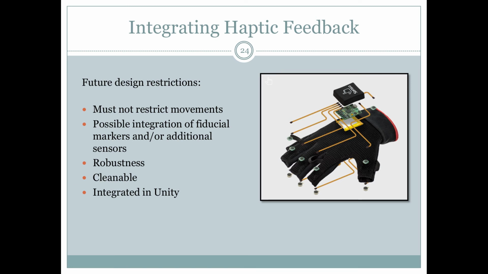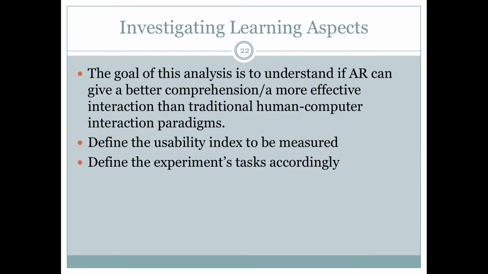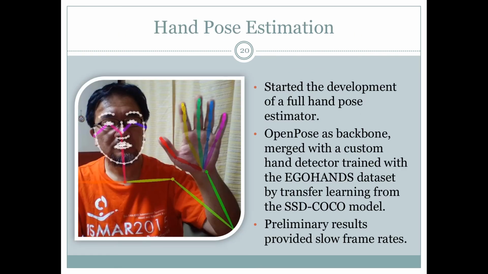Yes? So, concerning the interaction with the environment, if I understood well, you are interested in the augmented reality application, but in principle you could also have sensors in the real world. You were talking about that at some point. You mean about the fiducial markers?